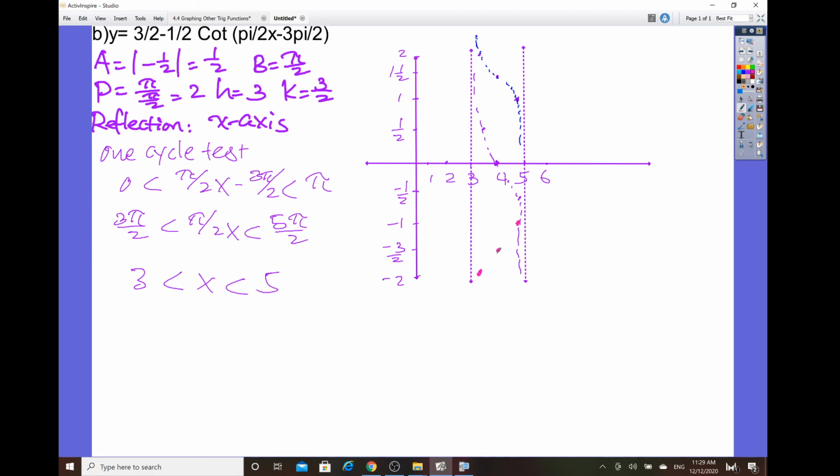So the final graph is going to be like a tangent curve, just like that. Well, this one is overdrawn. It should be a little bit closer here. Bound it with the asymptote. Okay, so that's it.